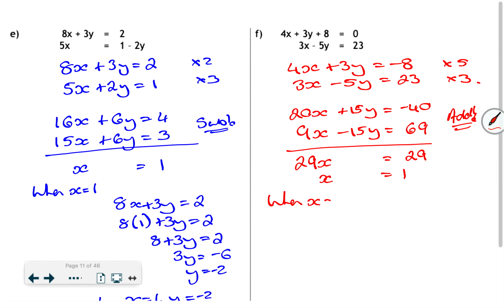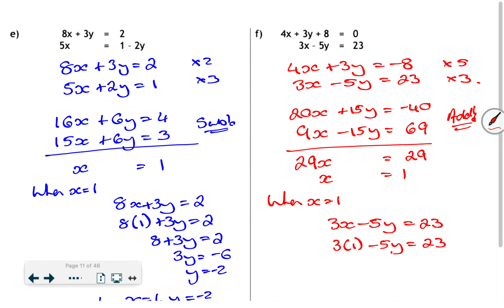So when x is equal to 1 into any equation, let's use the bottom one this time. So it's going to be 3x minus 5y equals 23. So it'll be 3 times 1 minus 5y equals 23.